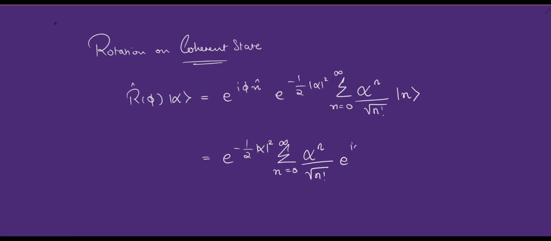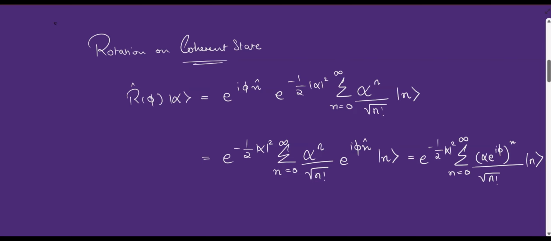And your e raised to i phi n cap will come and act on n, and this will give us e raised to minus half mod of alpha squared, summation n equal to 0 up to infinity alpha e raised to i phi raised to n divided by root of n factorial into ket n.